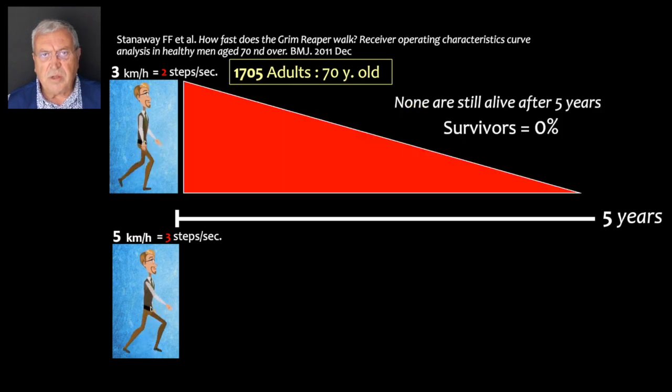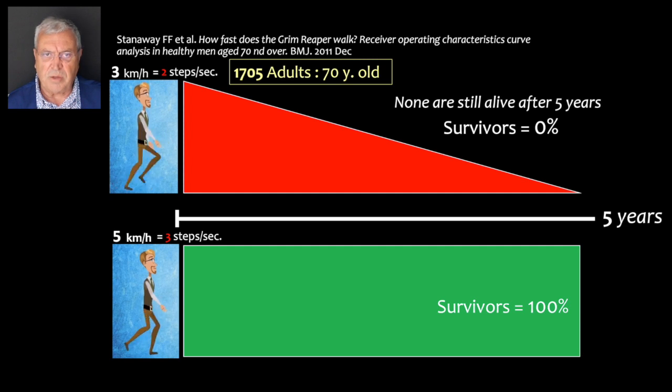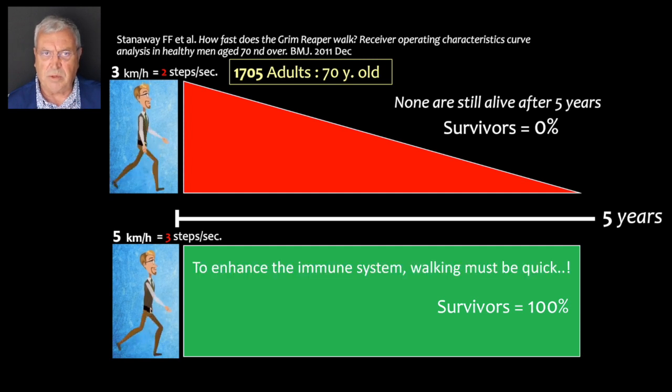After 5 years, in the first group, none are still alive. There is no survivor, 0. It means that walking not quickly will not improve the health. But the second group, walking at 3 steps per second, after 5 years, all are survivors.